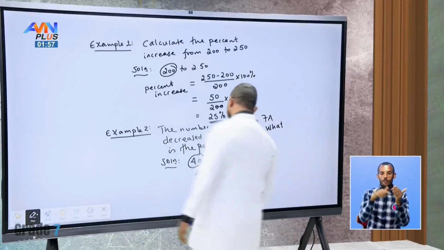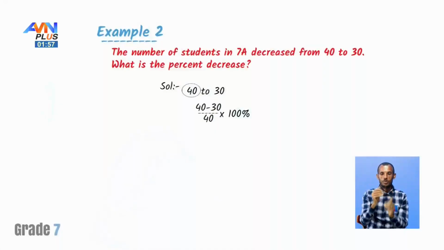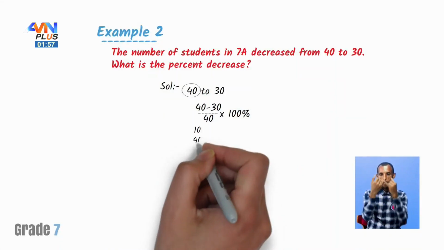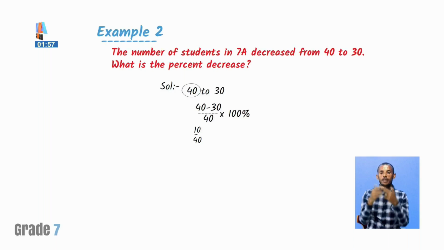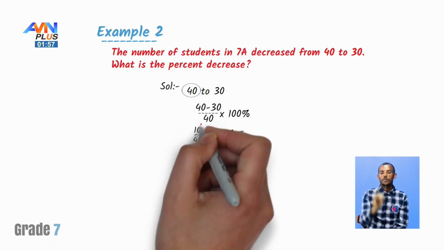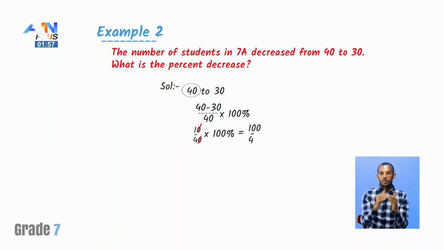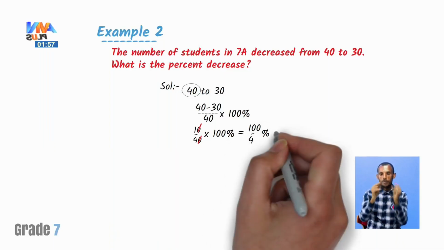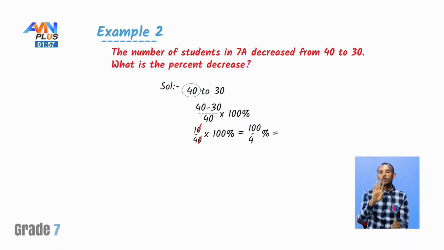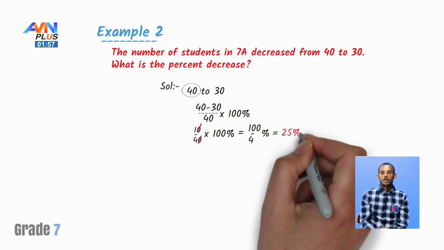Therefore, 40 minus 30 is 10, over 40 times 100%. Zeros cancel out, and 100 over 4%. 100 divided by 4 is 25, which will be the correct answer.